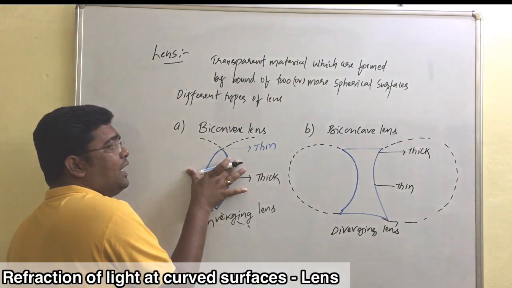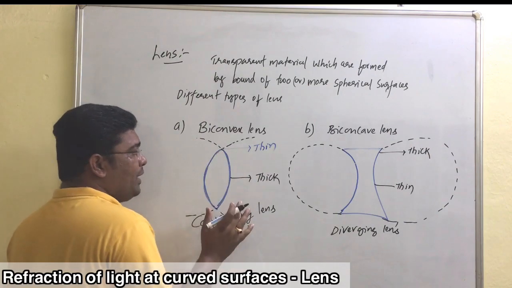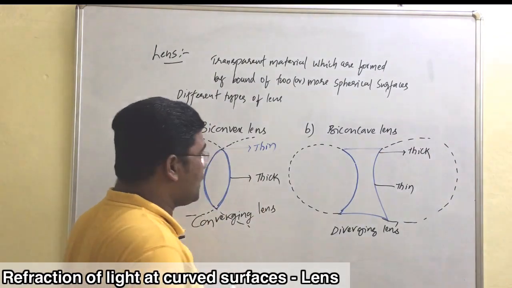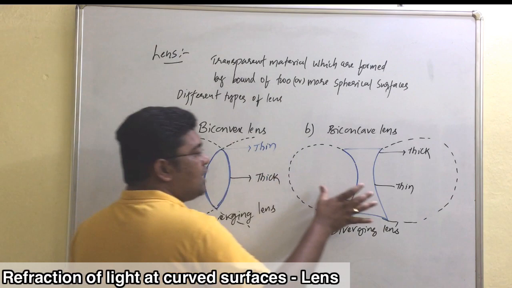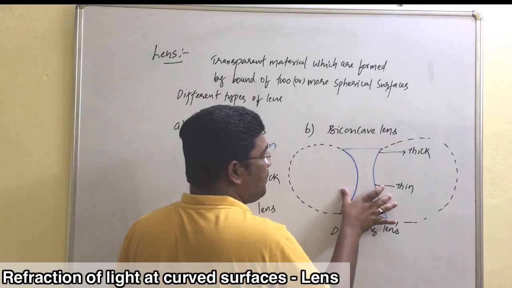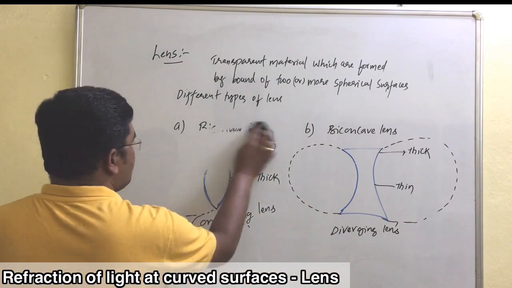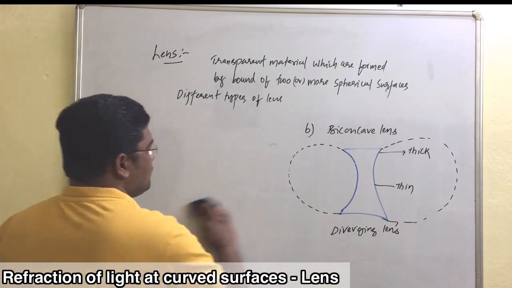If this is a lens which is prepared by the combination of two spherical surfaces which are bulged outwards, it is a biconvex lens.